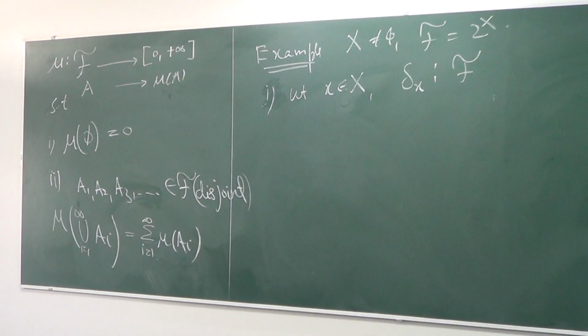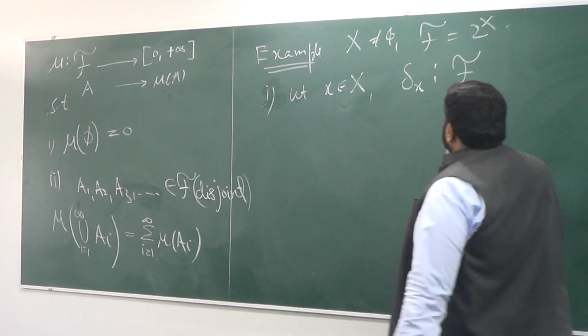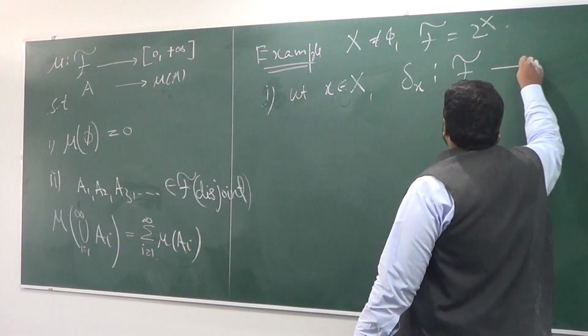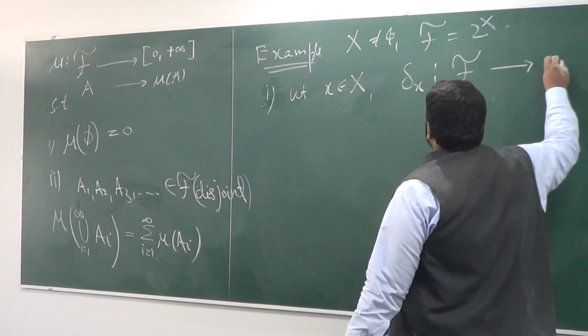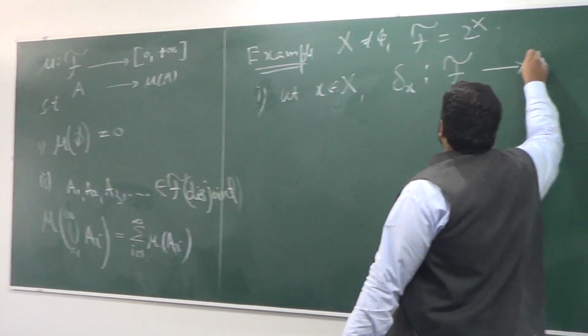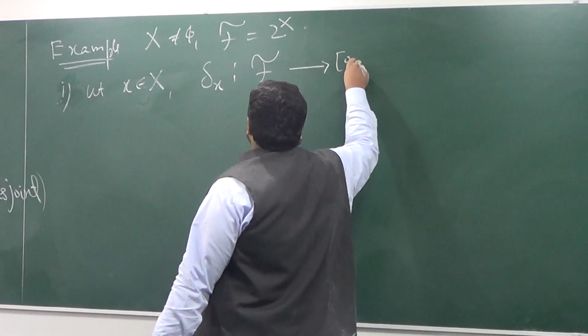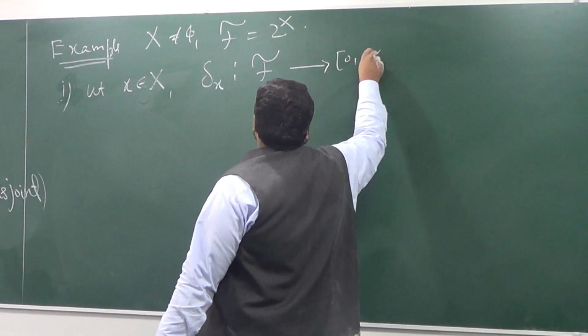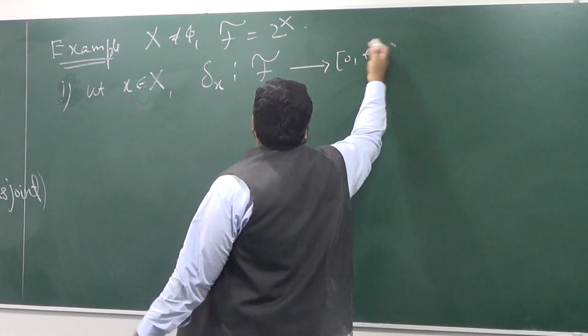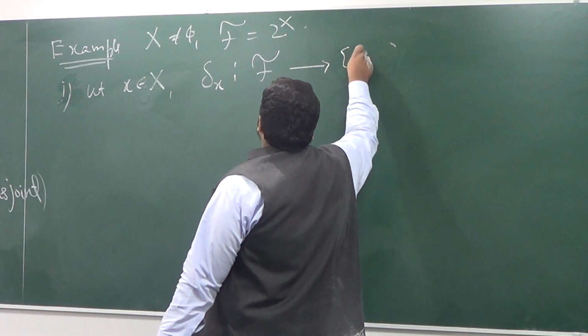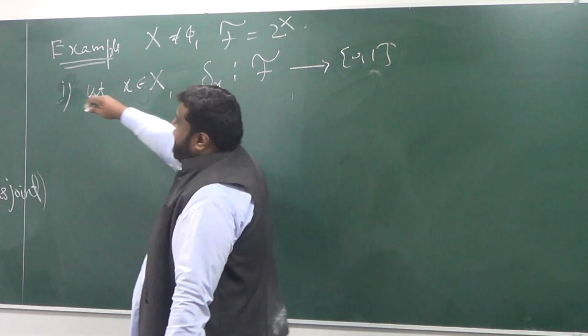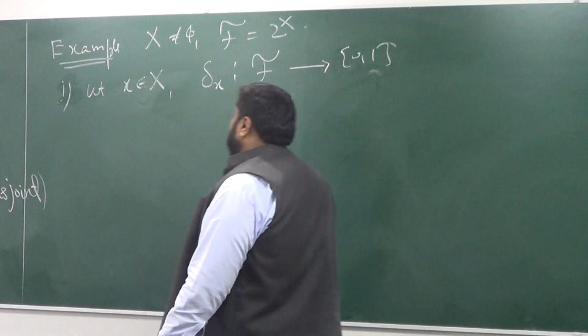I'm defining delta x from the sigma-algebra to 0 to plus infinity, but I can take 0 to 1, which is a part of it, so it should be okay.